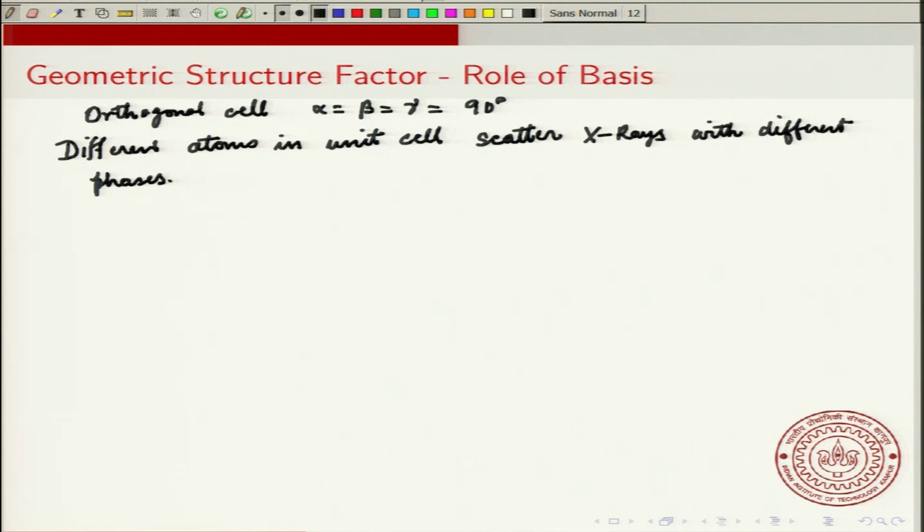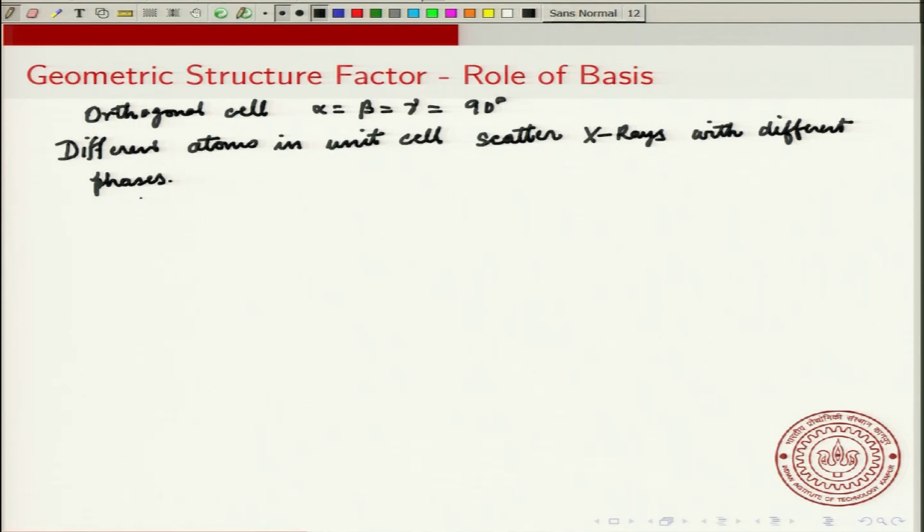So, this is similar to when we talked about the Bragg scattering. We said that there is a phase difference between the different X-rays falling on different lattice planes.